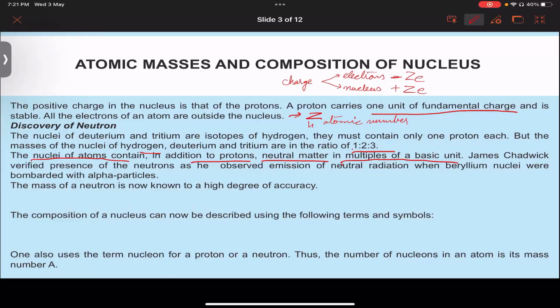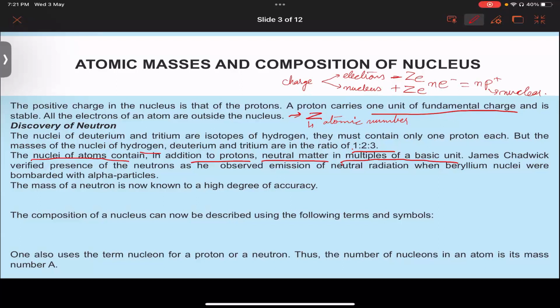So the number of protons in the nucleus of the atom is equal to the number of electrons. So the number of electrons is the number of protons, the nuclear constituents till now.